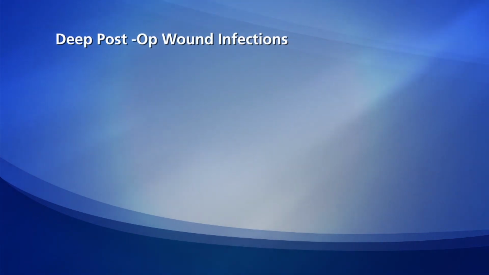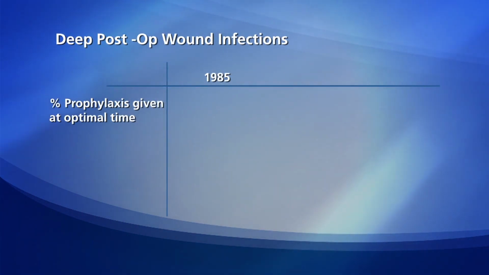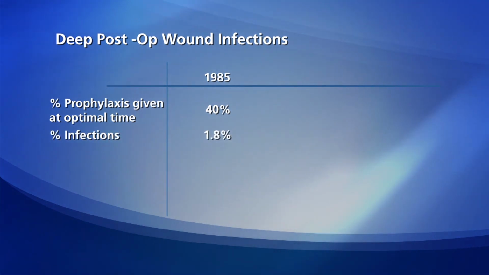This slide demonstrates the results of their initial investigations. They discovered that when they did give prophylaxis, they gave it in a timely way only 40% of the time. Now, just to get that in perspective, using a research quality tracking system, their deep post-op wound infection rate was only 1.8%.